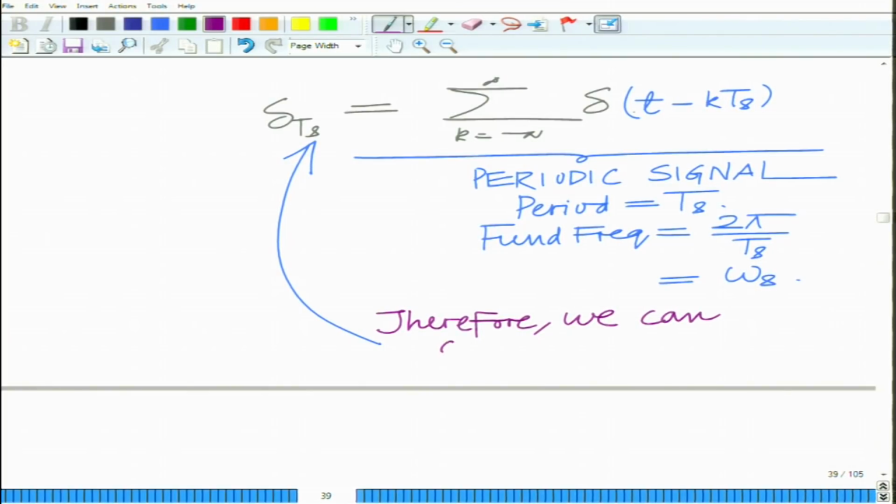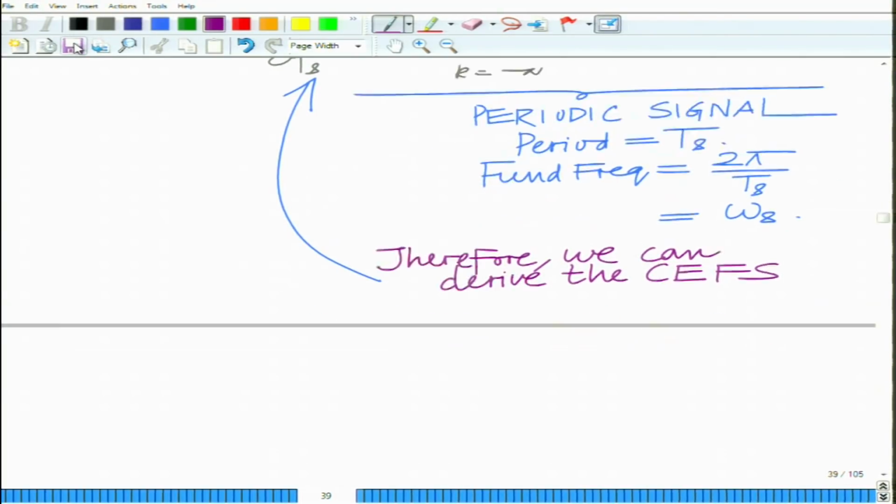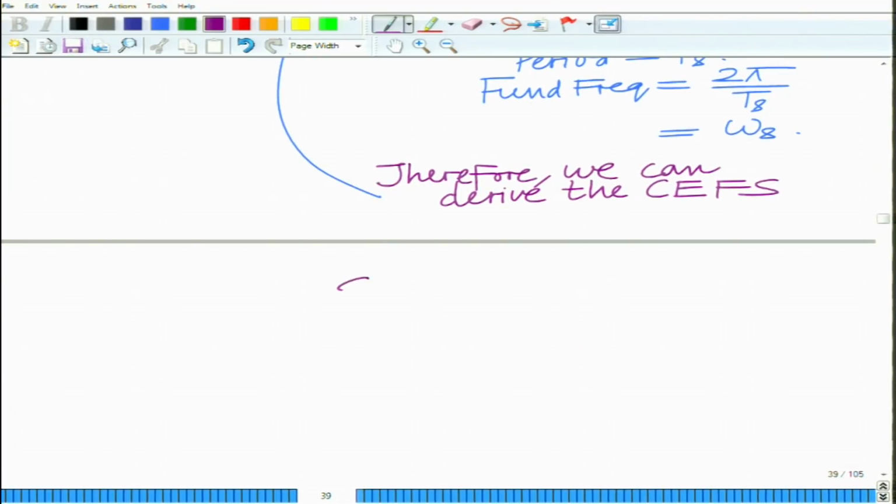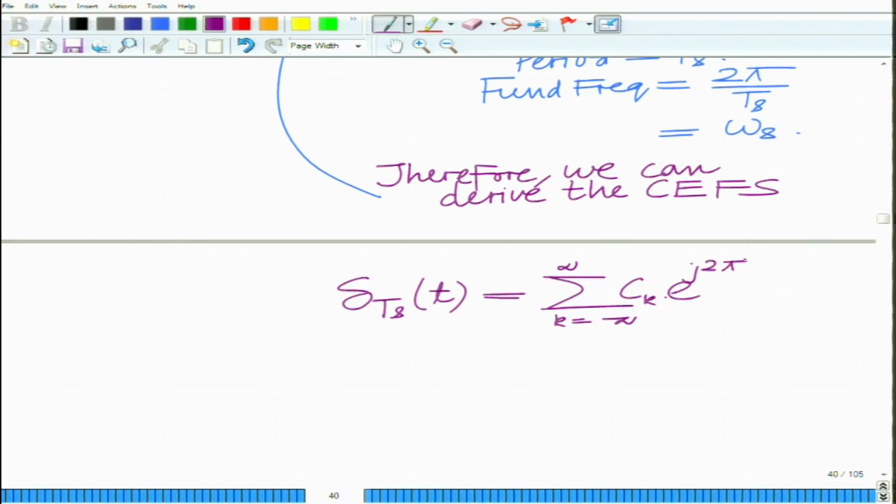That is, I can express delta Ts of t equals summation k equals minus infinity to infinity Ck e raised to j k omega s t, where omega s is the fundamental frequency.